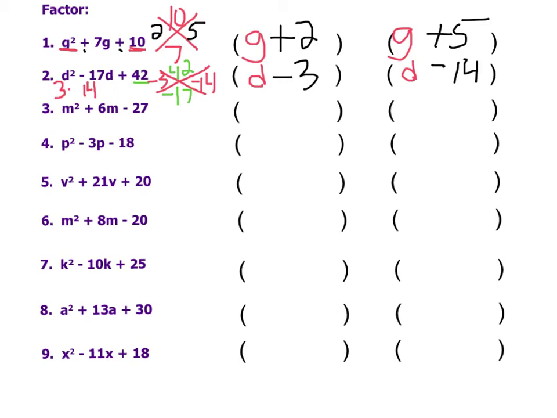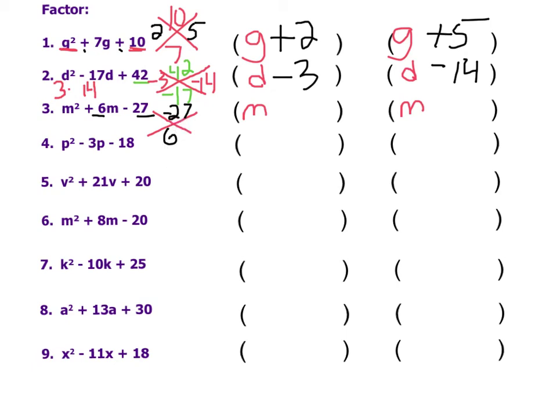Let's look at our next one. Well, we know what to write here. We need to write m here, and we need to write m here. Okay? Then we have to look at our c. So this is negative 27, and this is positive 6. I need to say to myself, what times what is 27, but if I subtract them, I'll get 6.